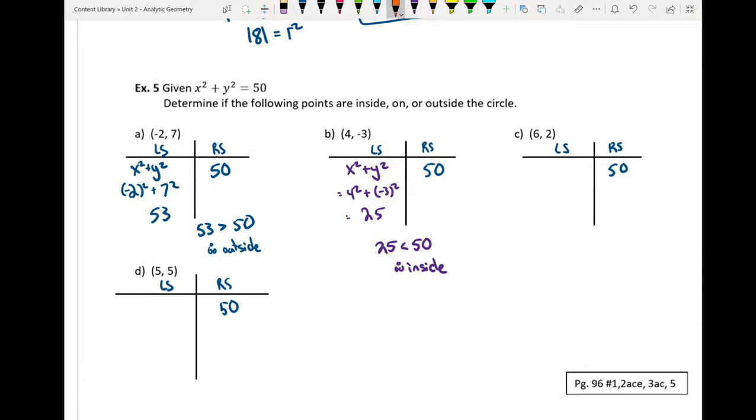For example C, again still x squared plus y squared. So I get 6 squared plus 4 squared, which equals 40. 40 again is less than the right side, or 50. So therefore, it is inside the circle.